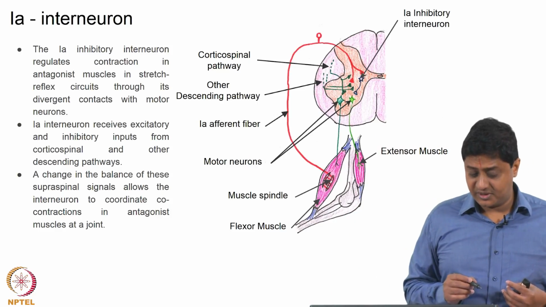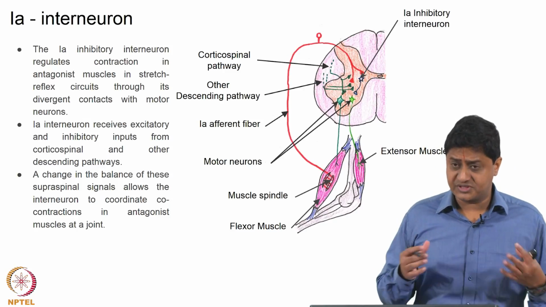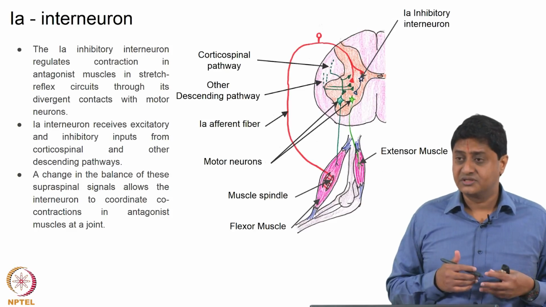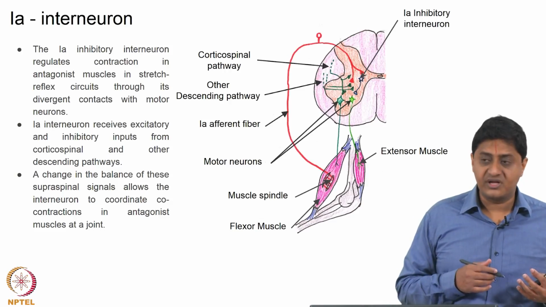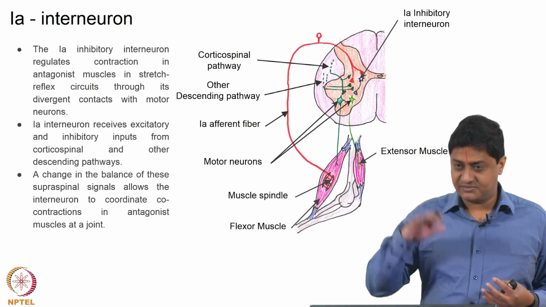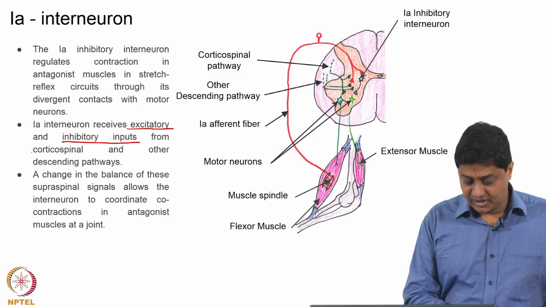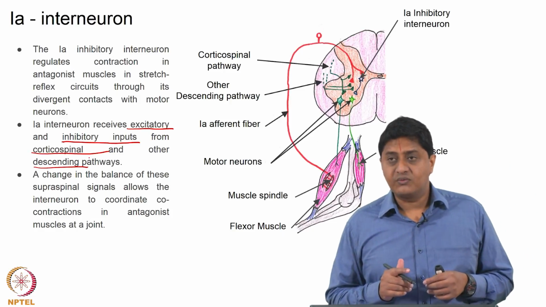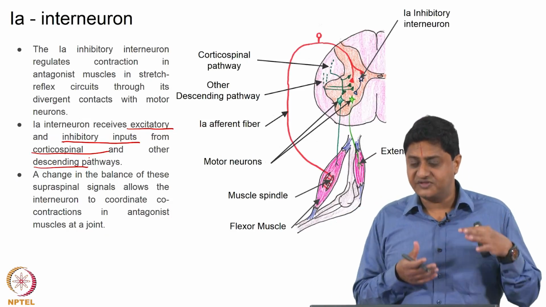Let us also remember it receives multiple inputs, not just from the Renshaw cell and the 1A afferent, it also receives inputs from the descending system, which can be both excitatory and inhibitory, from corticospinal and other descending pathways. So, there are multiple inputs.